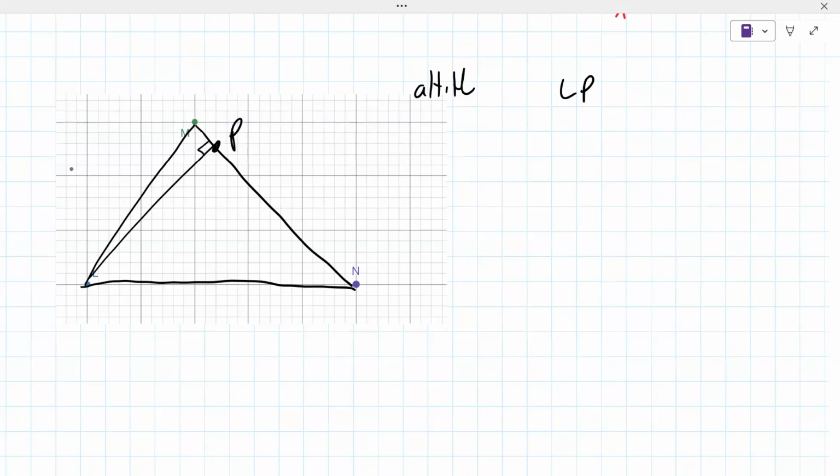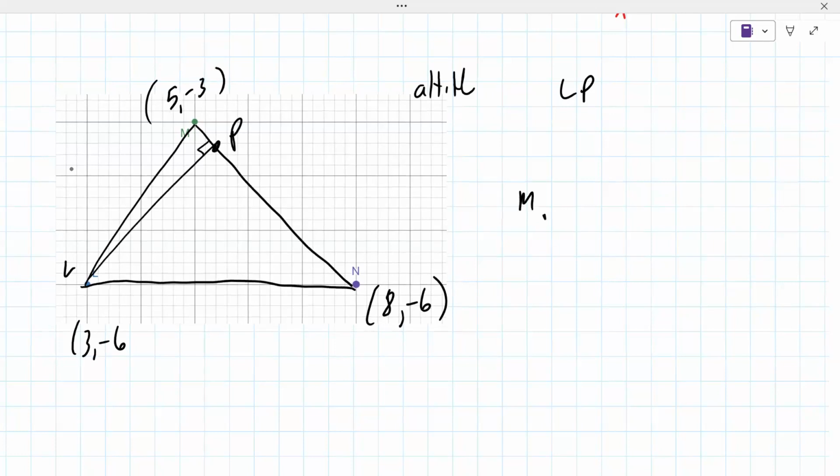So while that's nice, let's give you all these points: L is 3 comma -6, M is 5 comma -3, and N is 8 comma -6.